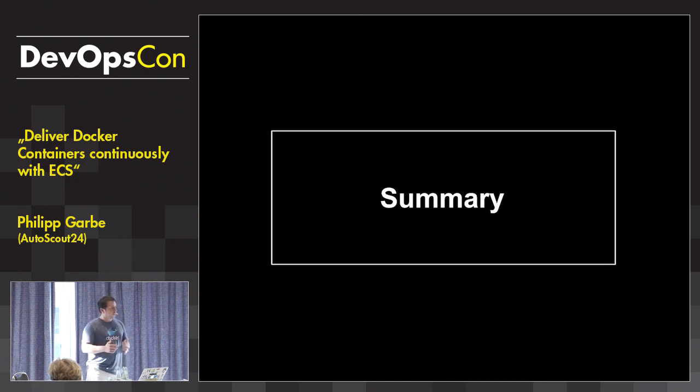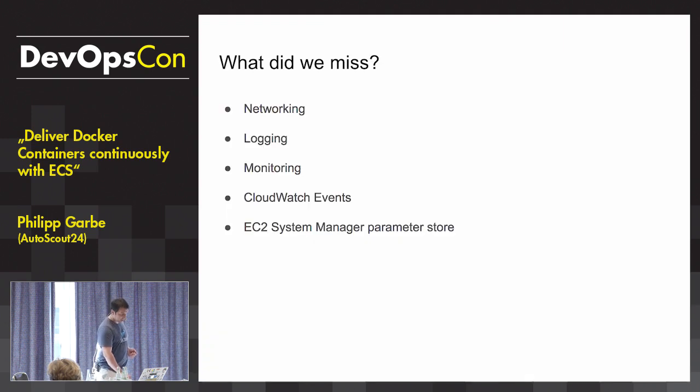And it works quite nicely in combination with the other AWS services like CloudFormation, or also with IAM, which is very important for us. We missed something that we did not talk about, or where there was no time: topics like networking, logging, and monitoring. I think that would be another talk.